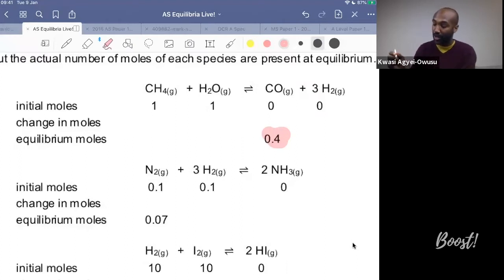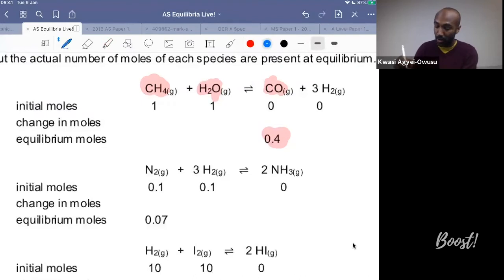How do we know this? Because the molar ratio of methane to carbon monoxide is 1 to 1. You can also choose to look at water to carbon monoxide. It's also 1 to 1. So if we don't have any carbon monoxide present at the start, and we've got 1 of methane and 1 of water, and we make 0.4 moles of carbon monoxide at equilibrium, it can only mean that we have used 0.4 moles of our methane.